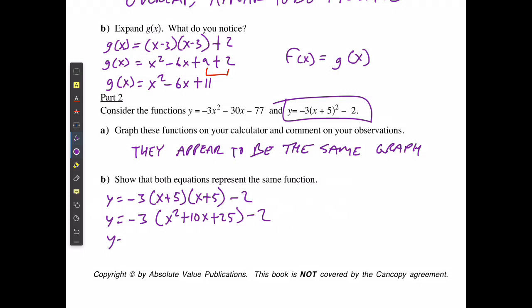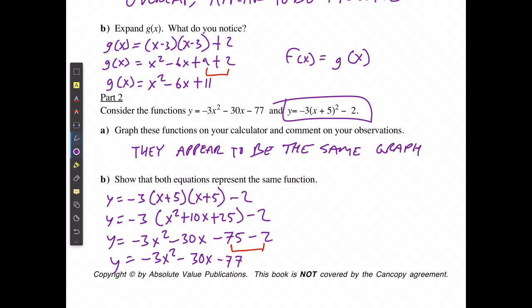So y is equal to negative 3x squared, and then the 10 times negative 3 is going to give me negative 30x, and the 25 times negative 3 is going to give me negative 75, minus 2, and then I combine those like terms again. Y is equal to negative 3x squared minus 30x minus 77, which is the same as what the first equation was.